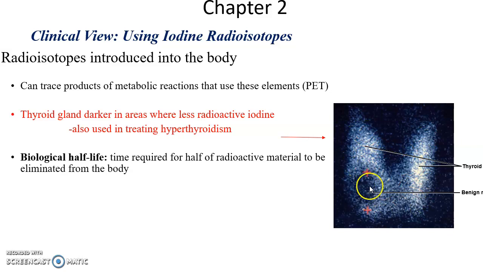And if it's a benign nodule or benign tumor rather than a cancerous one, then you wouldn't see that much radioactive iodine showing up where that nodule is. And since it has such a fast half-life, the person doesn't have to go in any sort of isolation or anything.